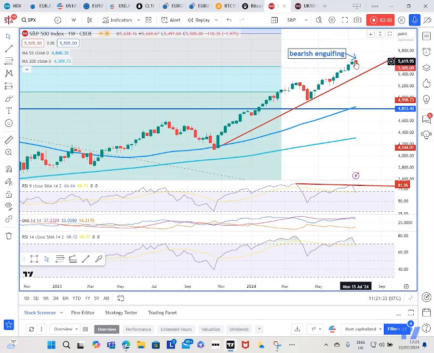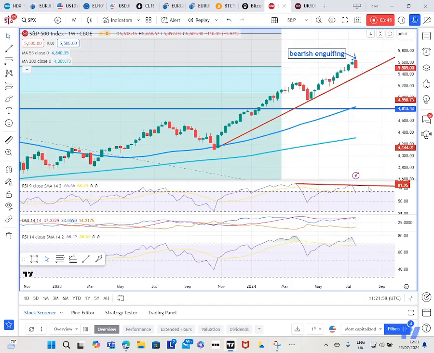Now, this kind of happens when the body of a down candle encompasses the whole body of the previous up candle when the market has been in a fairly extensive uptrend. So it does suggest that the buying for this market has actually evaporated, and we have seen quite a bit of selling over the past week.